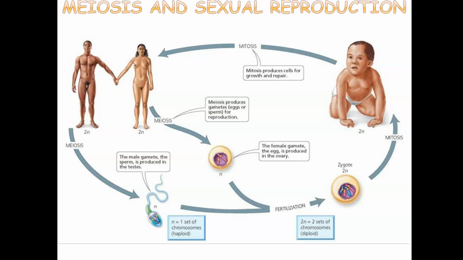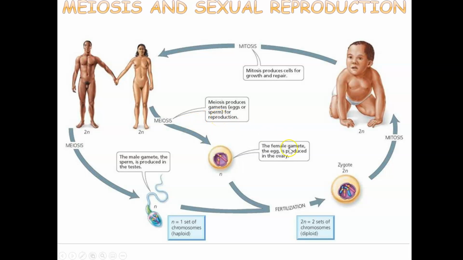So, meiosis and sexual reproduction. First of all, when a male and a female come together and have sexual intercourse, the male gamete is the sperm cell, which is produced in the testes of the male, and the female produces egg cells in the ovaries.